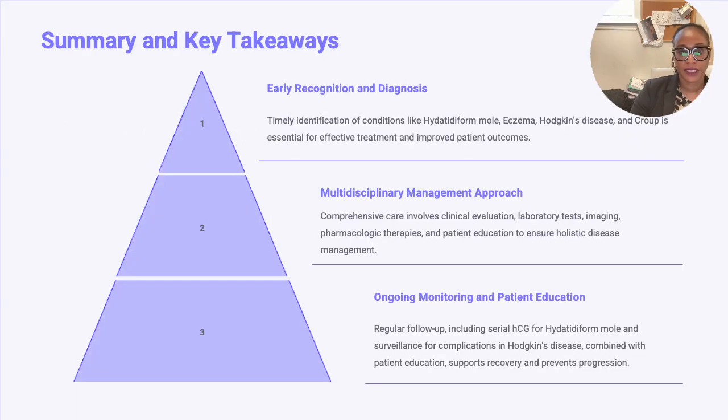So just some key summary and takeaways of what we have discussed thus far. We looked at early recognition and diagnosis. We emphasized timely identification of conditions like hydatidiform mole, eczema, Hodgkin disease, and croup. This is essential for effective treatment and improvement in patient outcome.